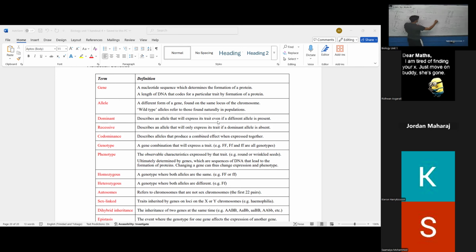Hetero means different. Big A and big A, or little a and little a, are both homozygous. There are different types of homozygotes: this is homozygous recessive, and this is homozygous dominant. In a heterozygous pair, whichever one is expressed is referred to as dominant.